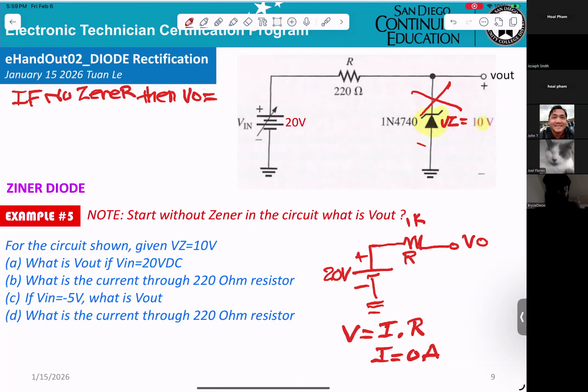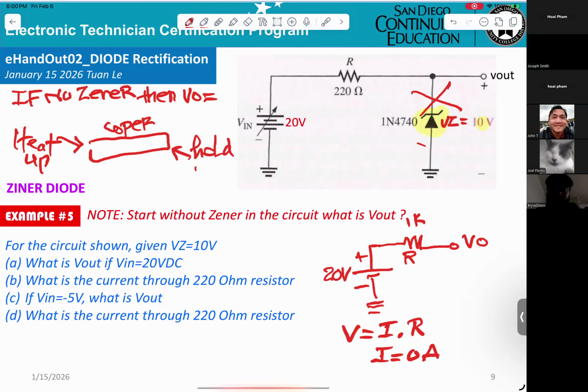Now, I can tell you, if you get a copper, okay, this is the copper, you heat up here. Can you hold here? The answer has to be no. You get hot.